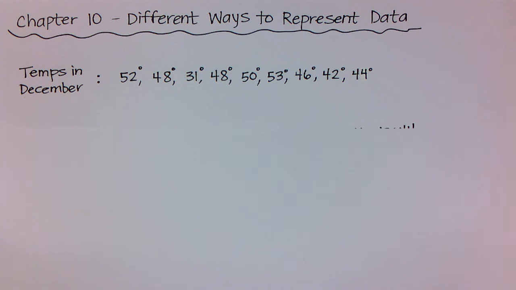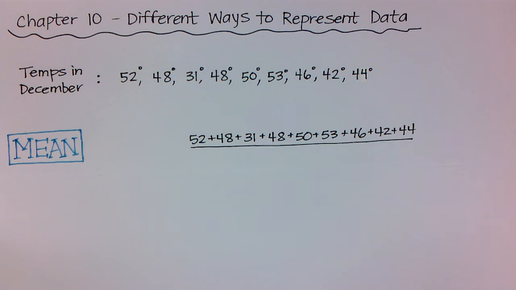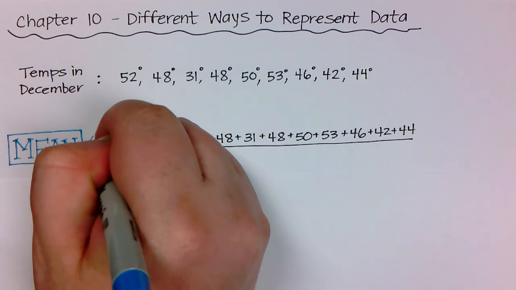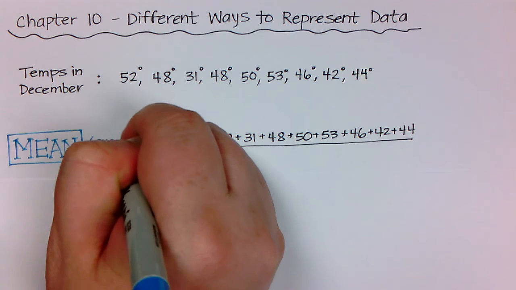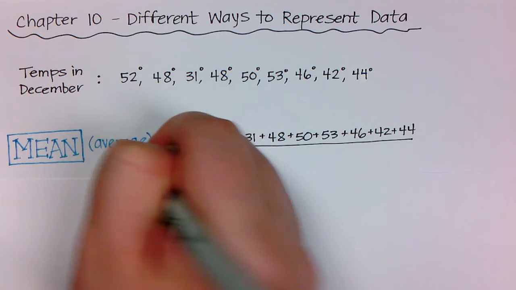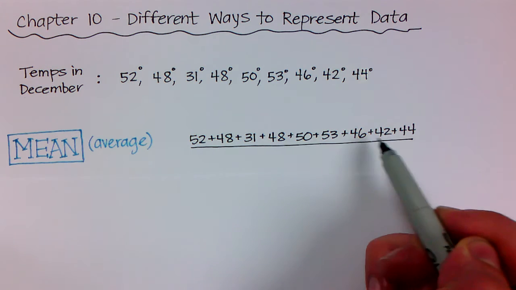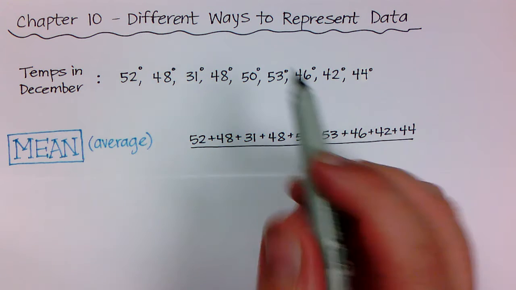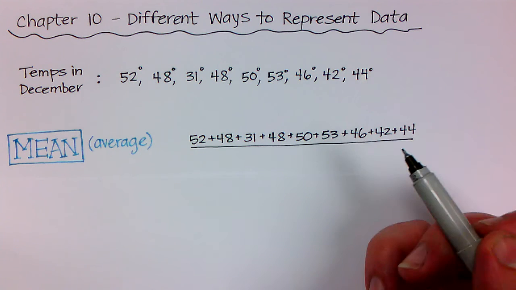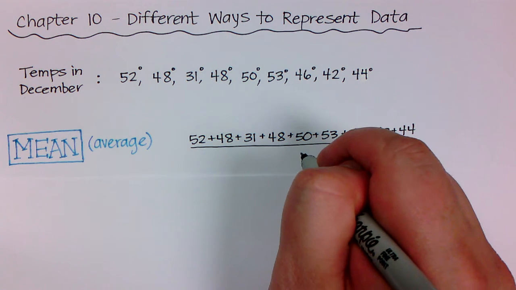The first way you're very familiar with, it's called the mean. And when we are talking about the mean, we're talking about the average. And when we do that, we are going to take all of the points in our data set, add them together, and then divide by the total number of items in our data, which is 9.